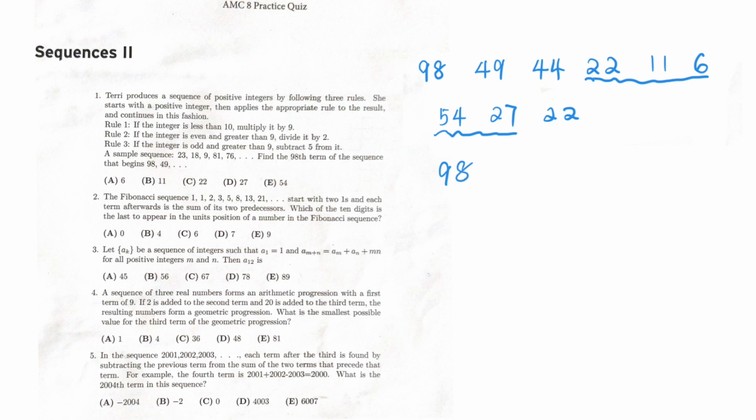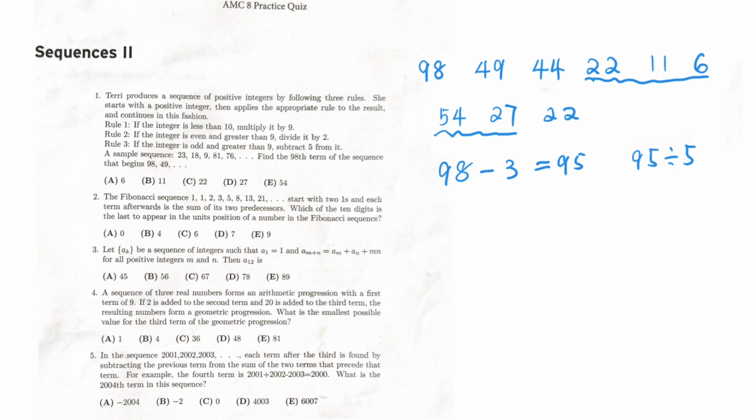We subtract the first 3 terms, 98 minus 3 equals 95. Because 5 numbers are repeating, we use 95 divided by 5 and look at the remainder. The remainder is 0.